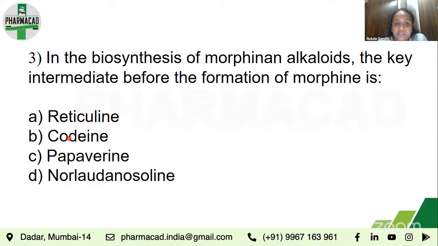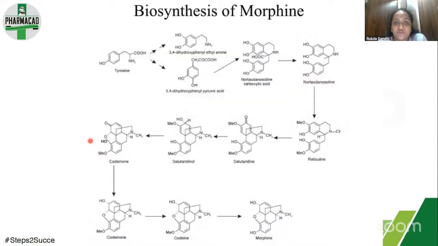So codeine is one of the morphine alkaloids which is formed, not an intermediate. What they have asked is the intermediate before the formation of morphine, so that cannot be the answer. The answer is reticuline. I will show you in this pathway.